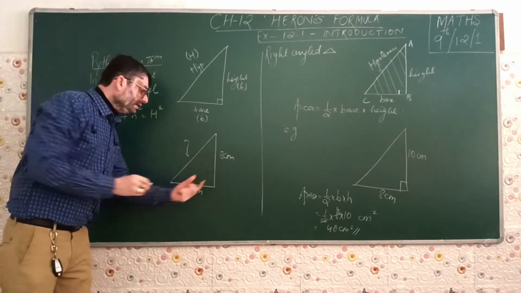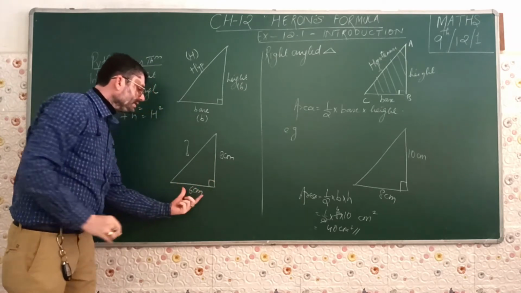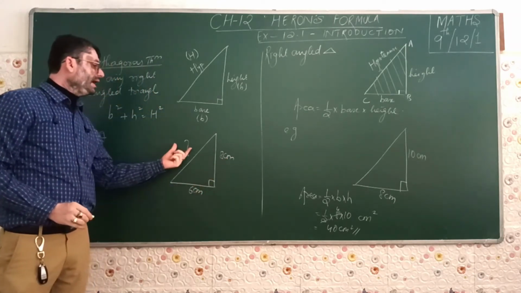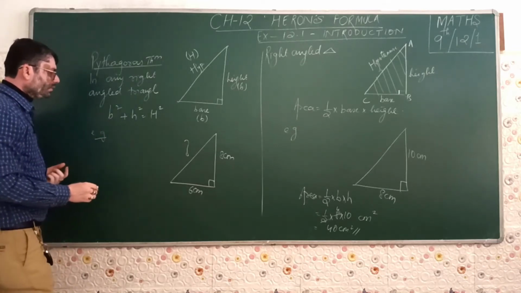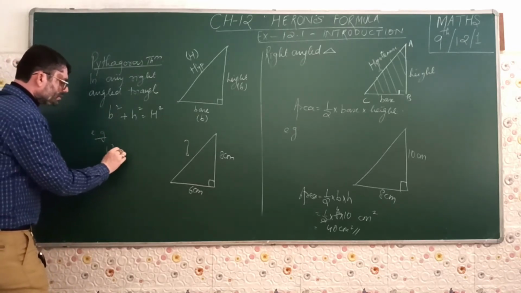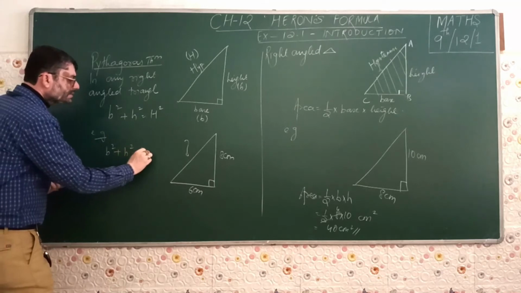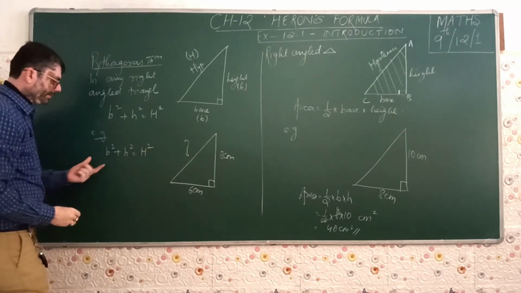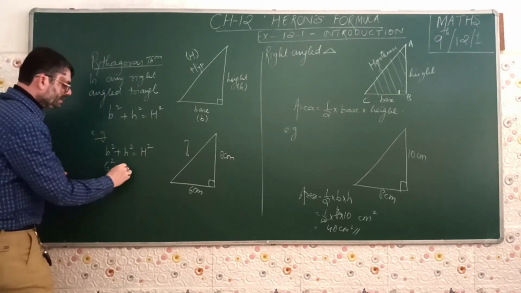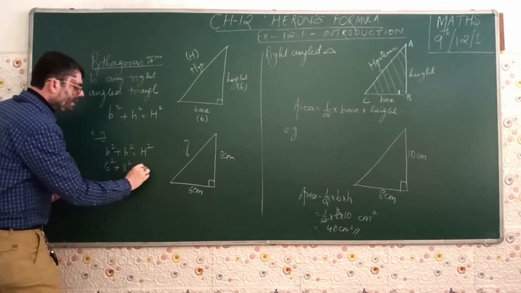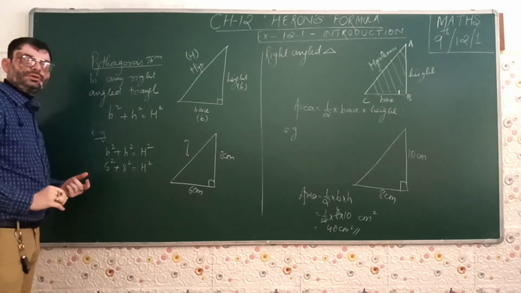Here we have taken the base and height to be 6 centimeters and 8 centimeters. Applying the Pythagoras theorem, base square plus height square is hypotenuse square. So base is 6, this is 6 square, plus height is 8, this is 8 square, and we need to find the hypotenuse.